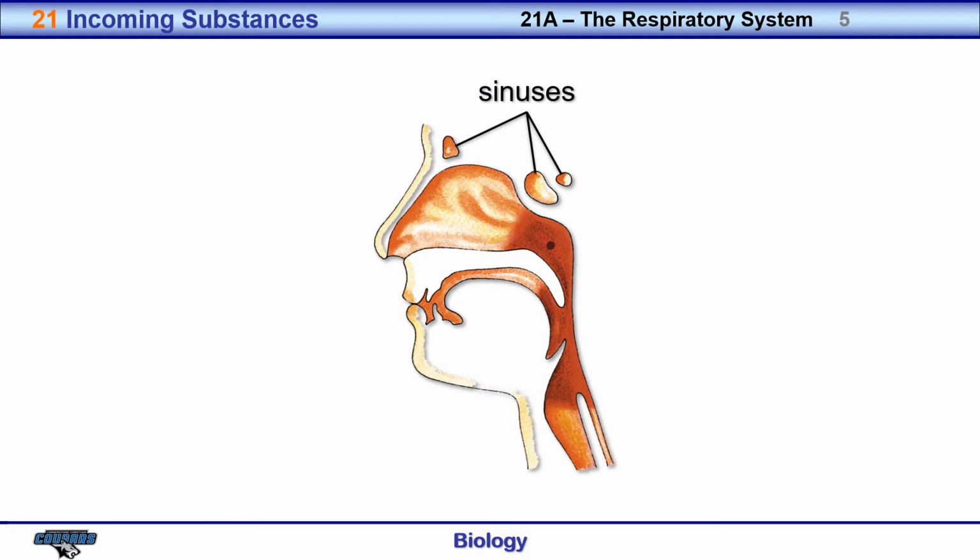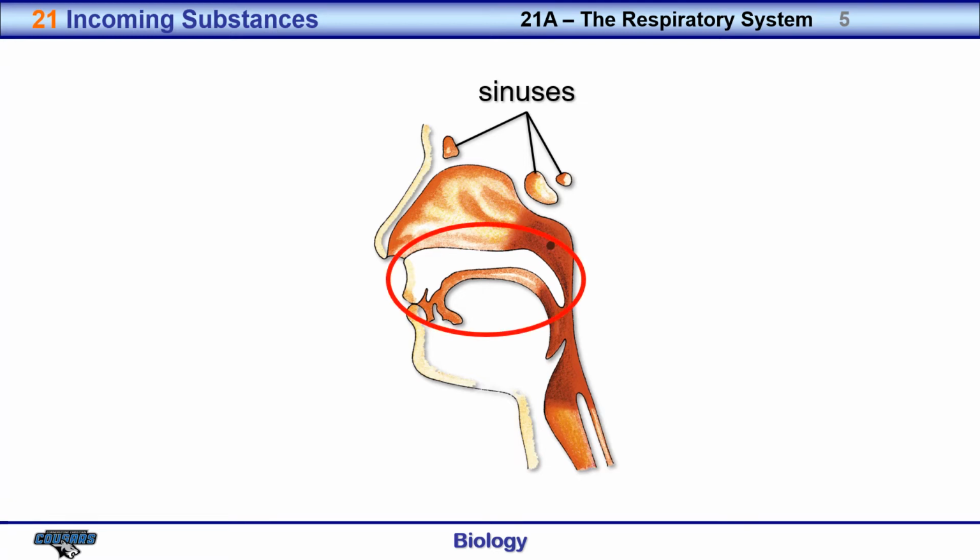Now in this diagram you can see the sinuses. You have some of them located over your eyes, and then some underneath your eyes. They all are connected either to the nasal cavity or to your throat.